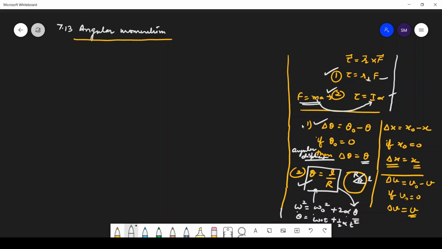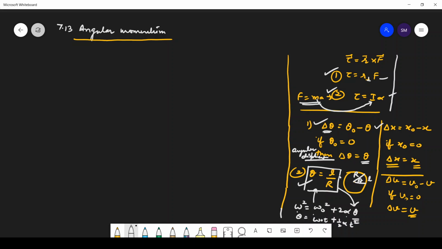Now for angular displacement we have delta theta is equal to theta minus theta naught, and if theta naught is 0 then angular displacement delta theta is equal to theta. How do we calculate this theta? This way also it can be calculated if it is given in this way.